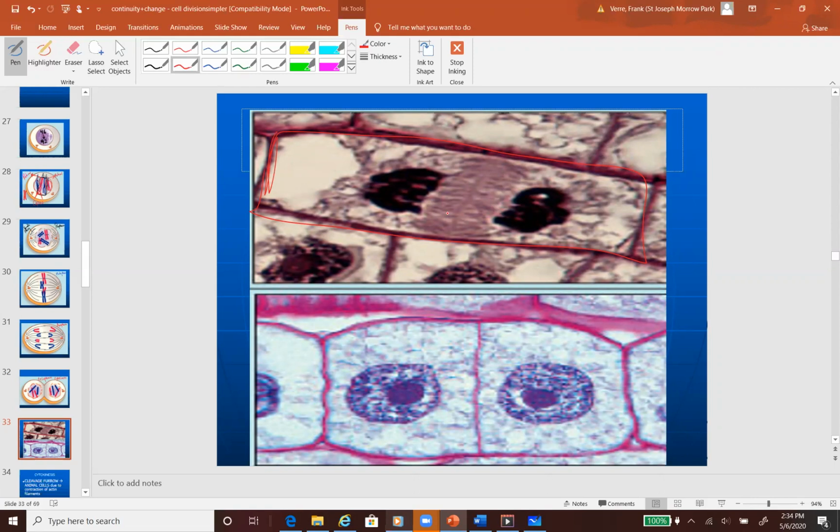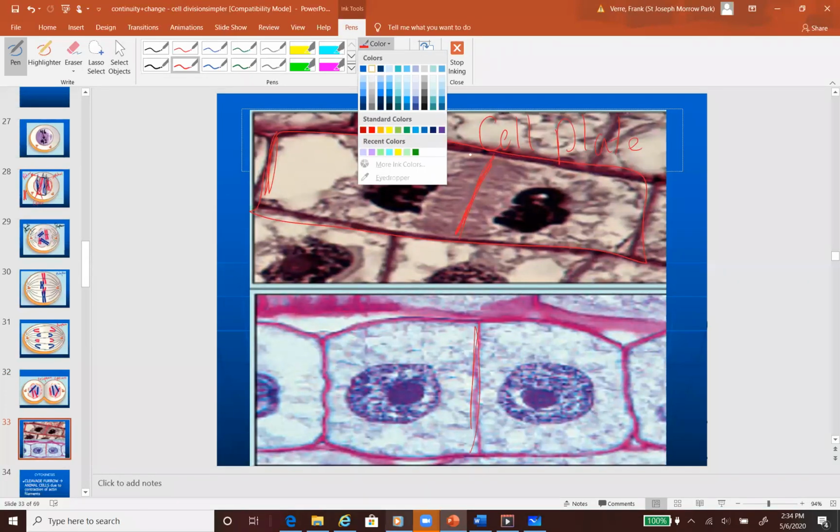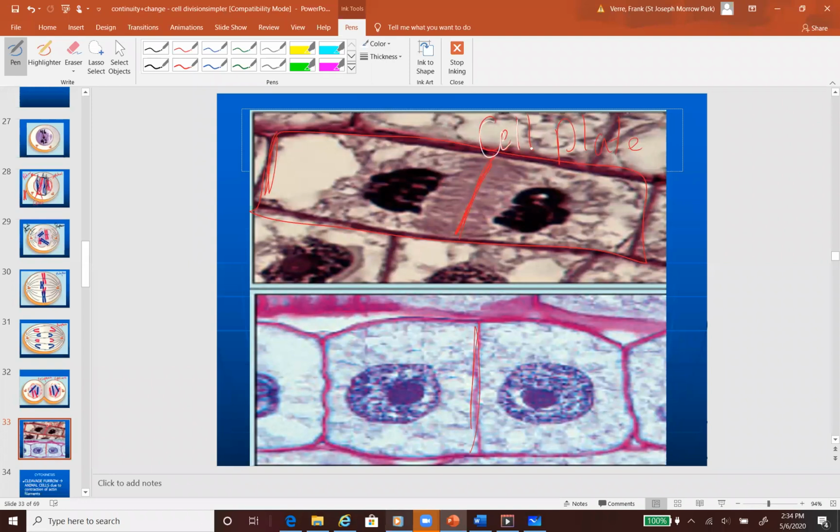So instead of pinching in the middle, what they do is they put up a wall. You can see that wall right here, okay? And that wall is called a cell plate. Let me see if I can make it a little easier to see. Okay, it's called a cell plate.